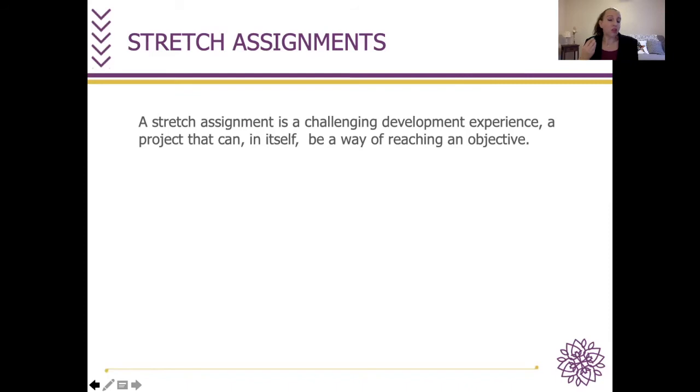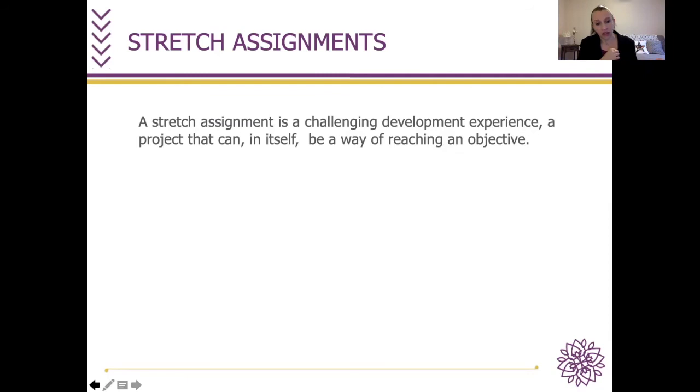So basically, a stretch assignment is a challenging development experience, and it's a project that can in itself be a way of reaching an objective. So once you think about your team members, think about each and every one of them as an individual and think about, what are the skills that this person has?